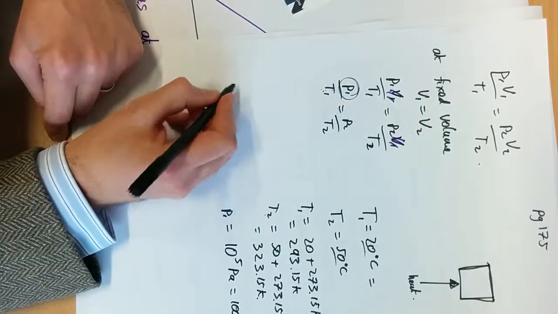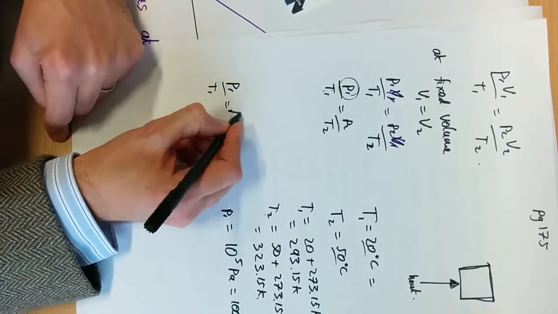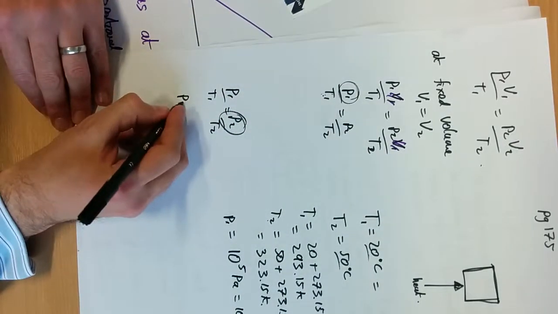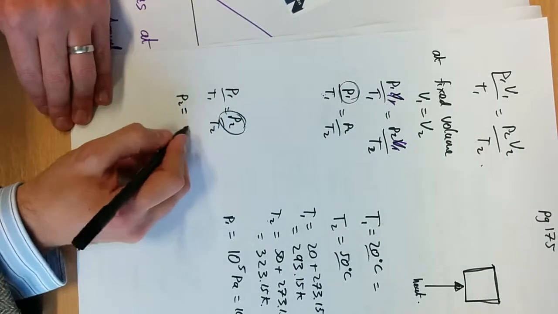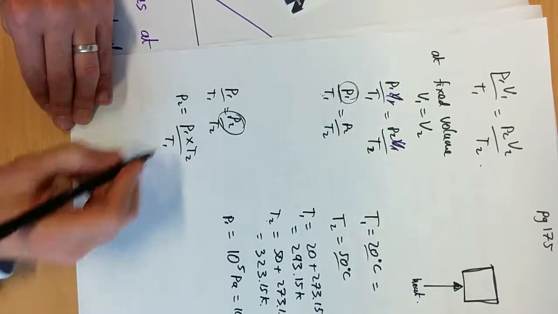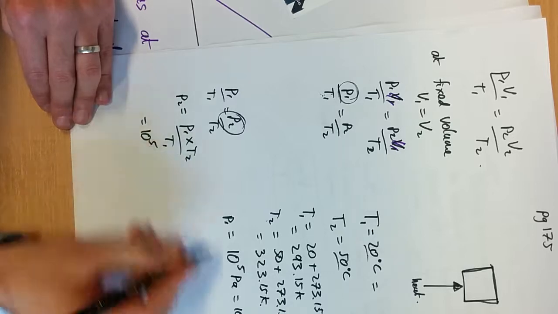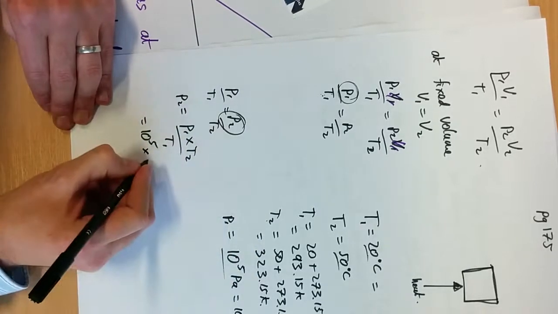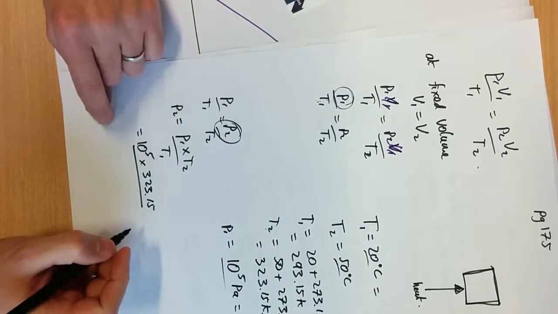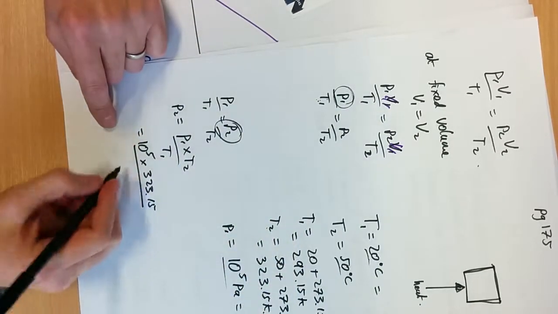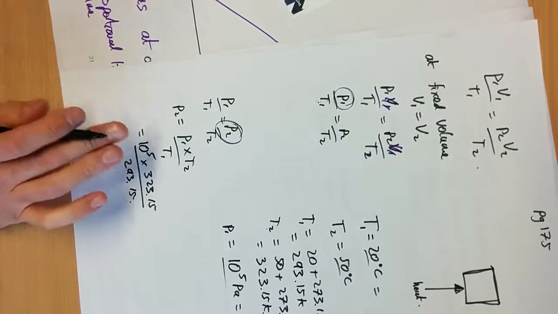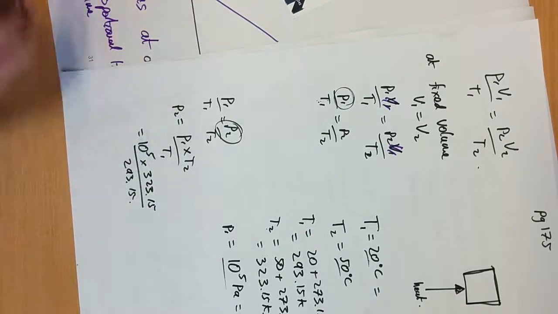So we take this equation, P1 over T1 equals P2 over T2, and we rearrange it to find P2. P2 is equal to P1 times T2 over T1. So we've got 10 to the 5 times 323.15 divided by the initial temperature, which is 293.15. We need our calculators to work that out.